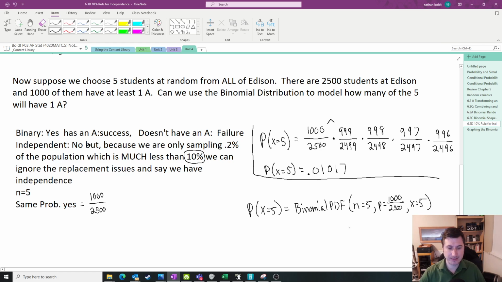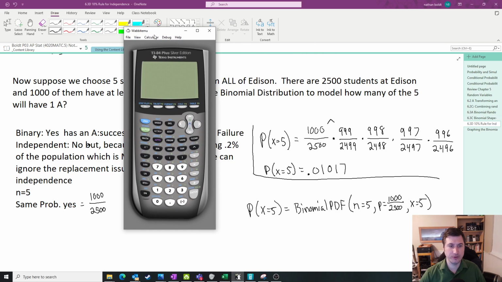So I'm going to type that into my calculator here. Where is it? Here we go. Got my 84 going finally again. So we are going to go second distribution. Find binomial PDF. Oh, I don't have the nifty screen. Oh, well, I can type it in that way. I'll have to do some checking there. Why isn't it giving me the nifty screen here?